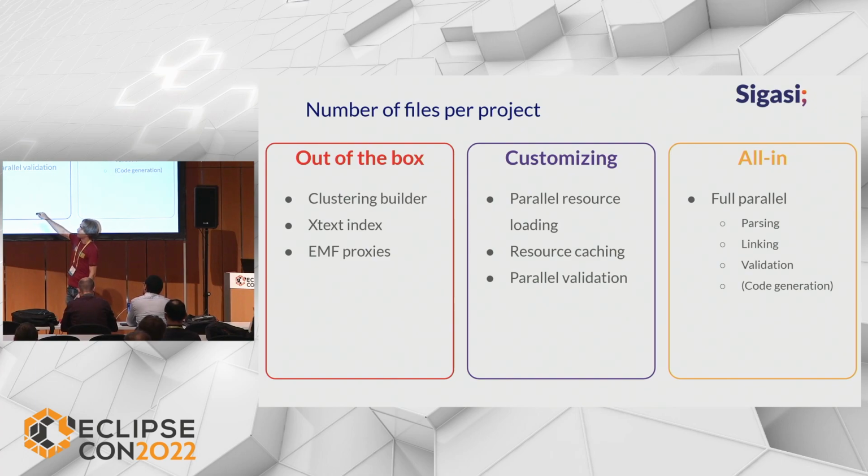And if we are running out of memory during that process, because it will happily eat through the resources and load all of them as long as it can, when we are reaching low memory barriers, then the clustering builder will make sure that everything is unloaded and the remaining resources are being processed. That is a mechanism that works based on the fact that EMF does not mandate that every resource of your resource graph or model graph needs to be present in memory, because it can proxify resources.